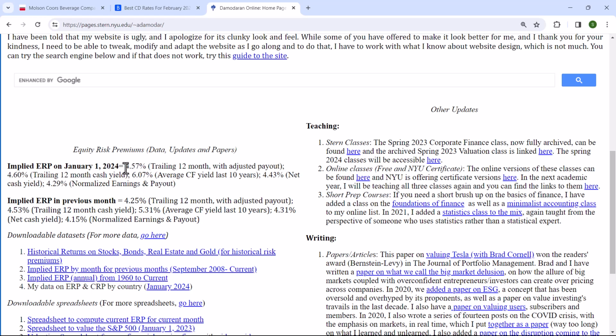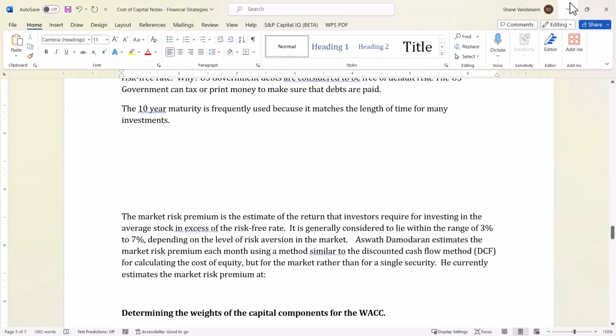You can see he's got 4.57, 4.60, 6.07. This is the trailing or the average cash flow for the last cash flow yield over the last 10 years, 4.43, 4.29. You can see many of these, with the exception of that 6% one, is in the range of 4.5%. So that's what I'm going to go ahead and use here, 4.5% for our market risk premium.